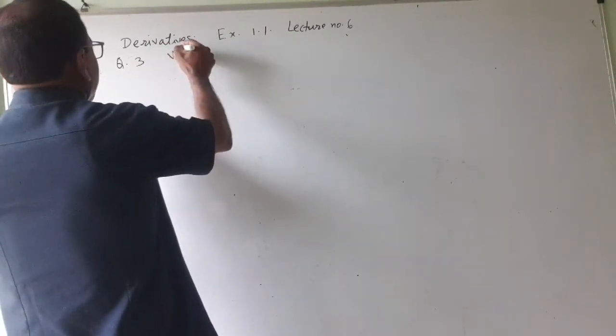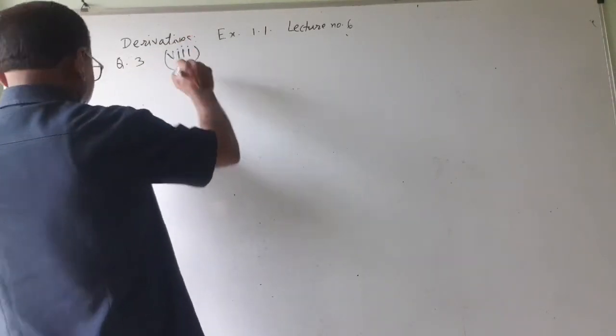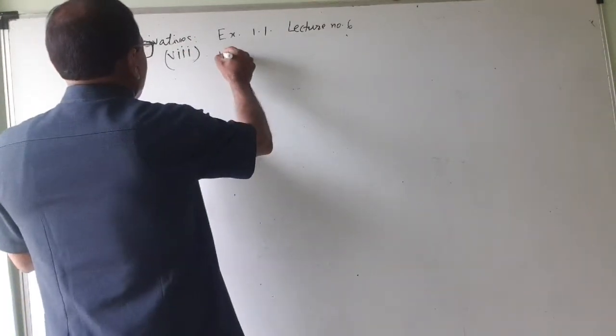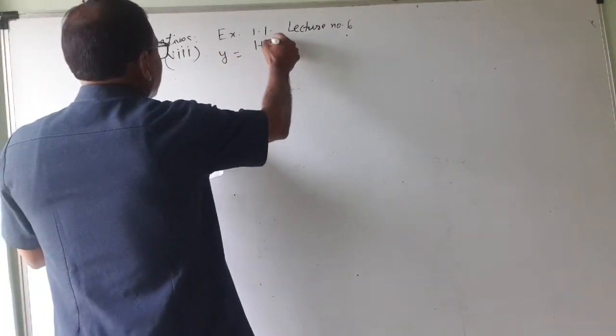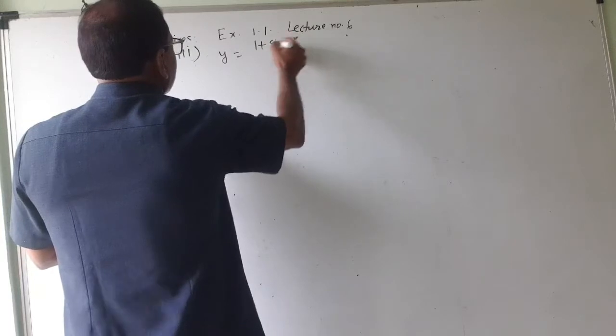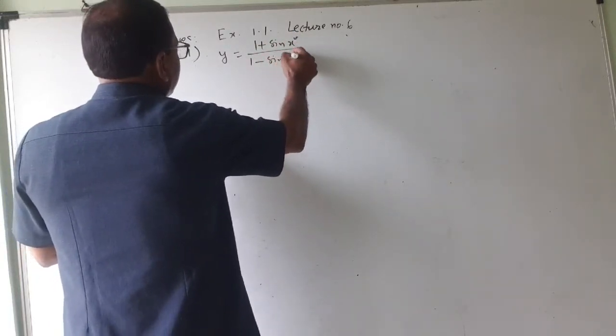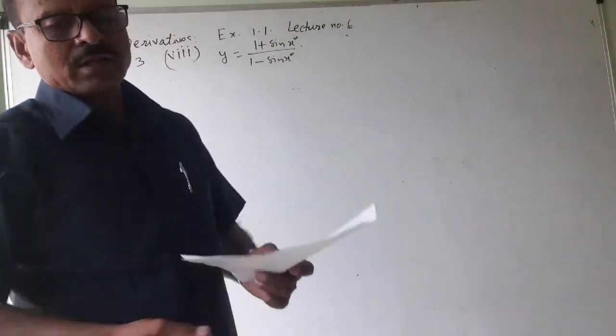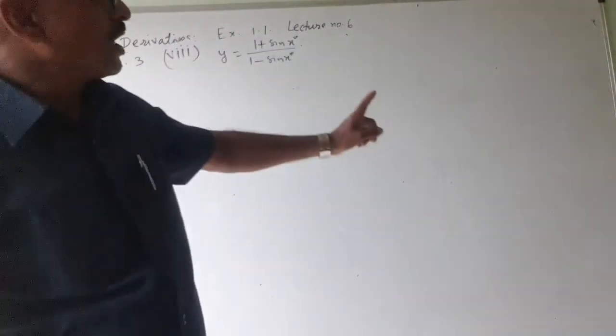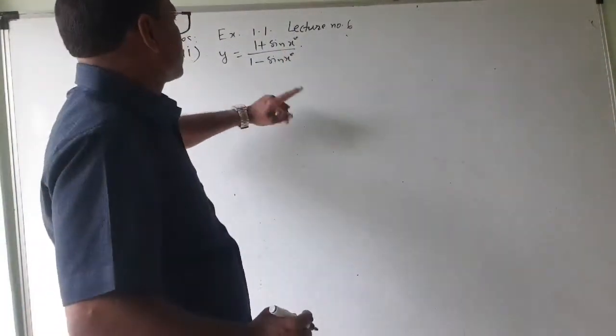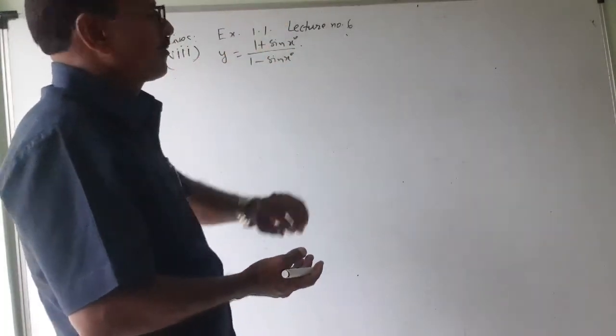The 8th sum: y is equal to 1 plus sine of x degree upon 1 minus sine of x degree. If it is under root, then the solution is different. Now the solution is direct.